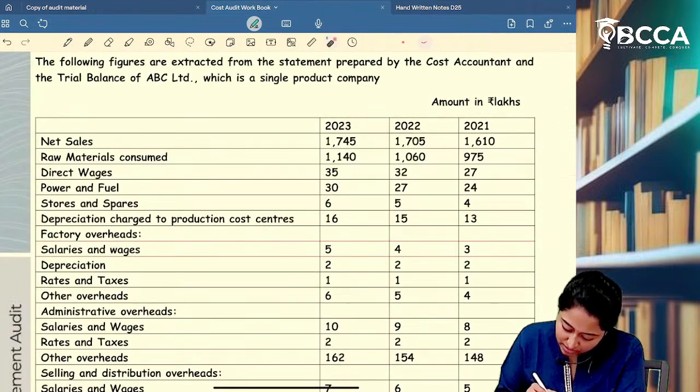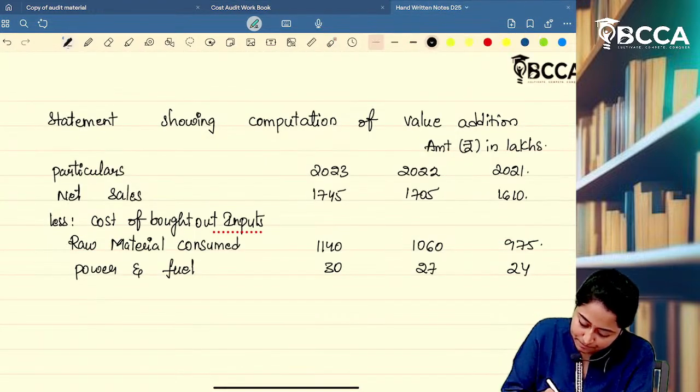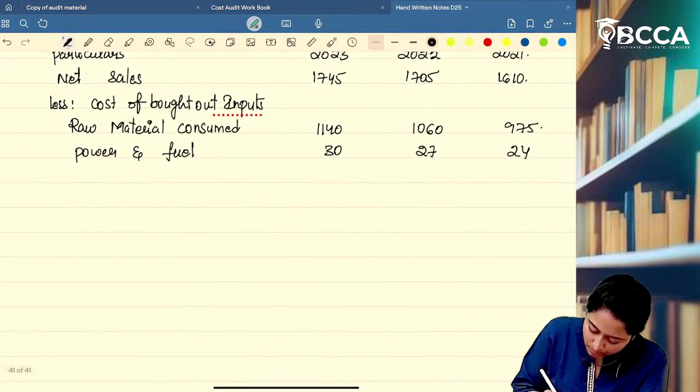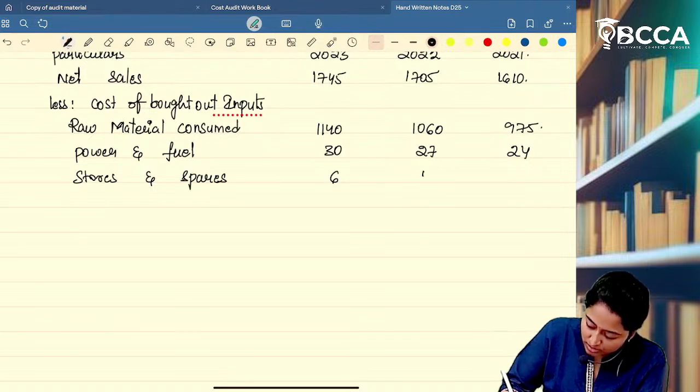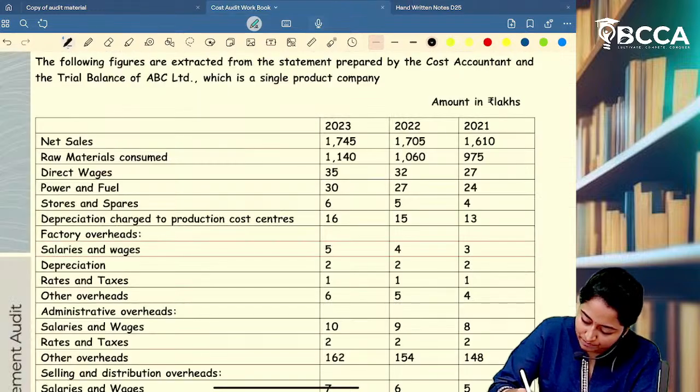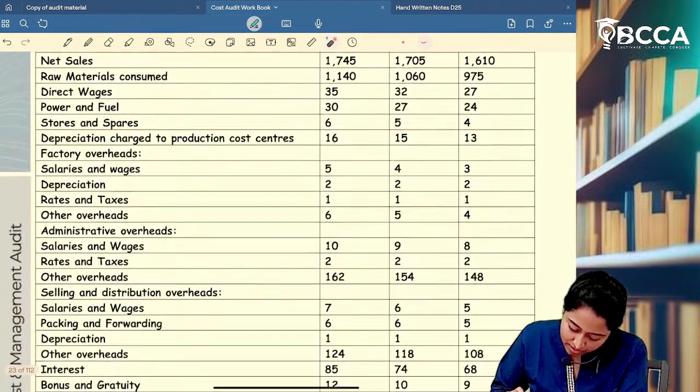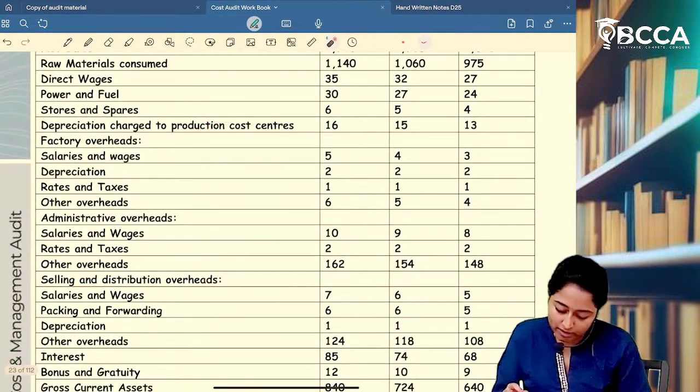Then after that, stores and spares. 6, 5 and 4. And then depreciation will not be taken.